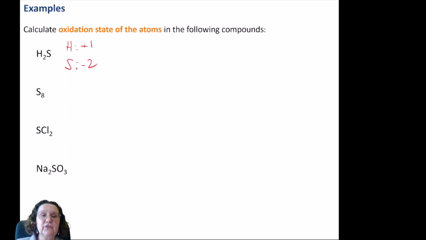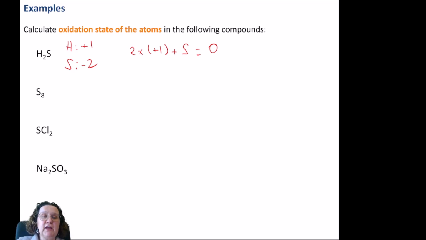And I look at it and say, yes, because if I have 2 hydrogens with an oxidation state of +1, and the oxidation state of the sulfur, it needs to add up to 0. So yes, the oxidation state of the sulfur needs to be -2, because that's the only one that would satisfy that equation.